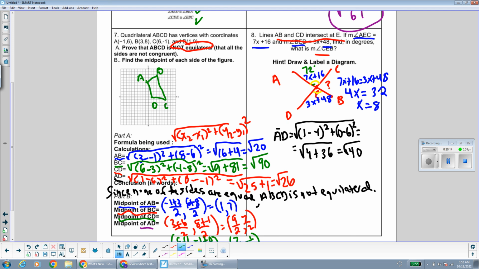So this angle and the one next to it are supplementary. So if I do 180 minus 72, that gives me 108 degrees. And that's the missing measurement over here. That's the measurement of angle CEB, 108 degrees.